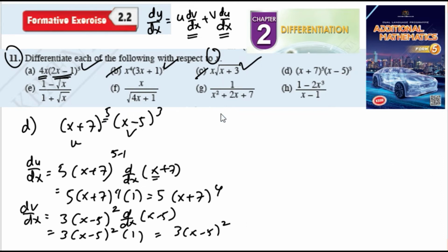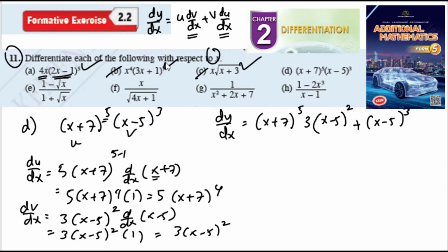Now you can substitute. So dy over dx is equal to, so u here is this one, (x plus 7) to the power of 5. So dv over dx is this one, 3 times (x minus 5) to the power of 2 plus v. So v is, where is v? v is (x minus 5) to the power of 3.